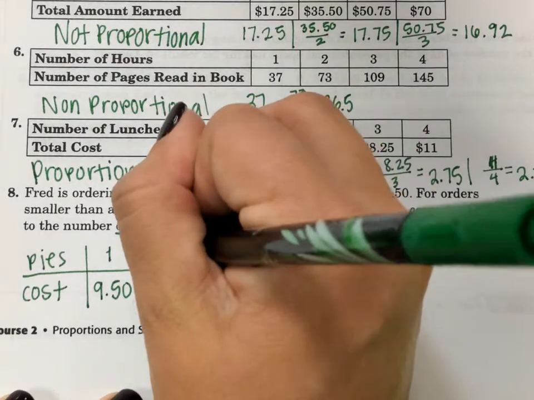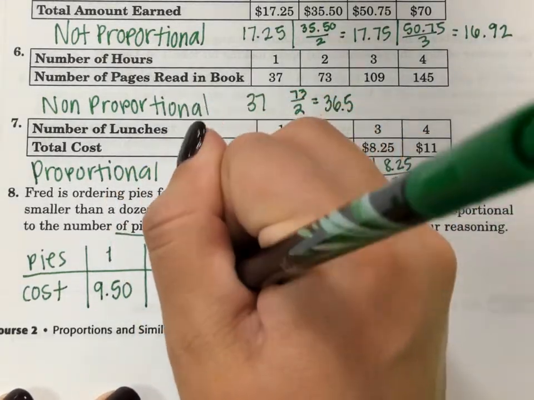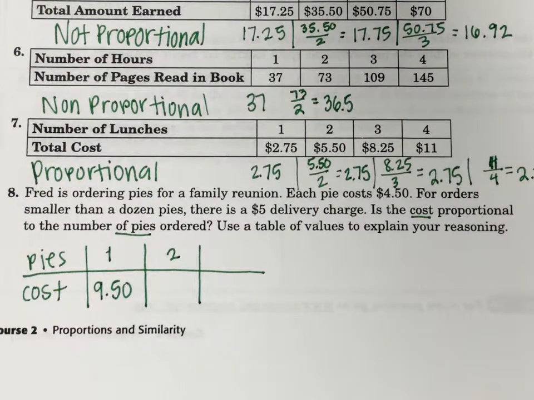But what if I get two pies? Well, think about it. I'm just adding another pie to my delivery. So do I have to pay that $5 delivery fee again? I don't have to pay that $5 delivery fee again. It doesn't matter if I order one pie or 10 pies.